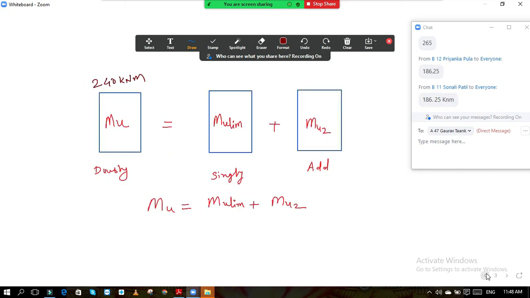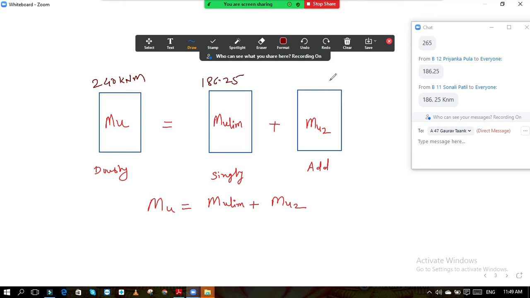Now see, if we go to the previous thing, this is 240. Now this value we got as 186.25. So remaining Mu2 you can easily calculate. Let me know the value of this Mu2 also. टोटल आहे 240 डब्लीची बेंडिंग मोमेंट. सिंगलीची मॅक्सिमम बेंडिंग मोमेंट किती मिळाली तुम्हाला, 186.25. आता मग Mu2 ऍडिशनल सेक्शनची बेंडिंग मोमेंट मला सांगा किती असेल.